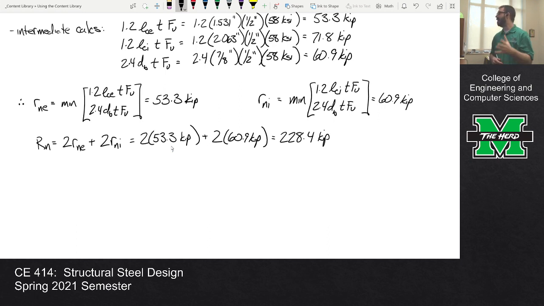There we go. And now keep in mind, what did I forget? I forgot something. What's missing right there? It's not theta, it's the phi value. But you're right, yeah.